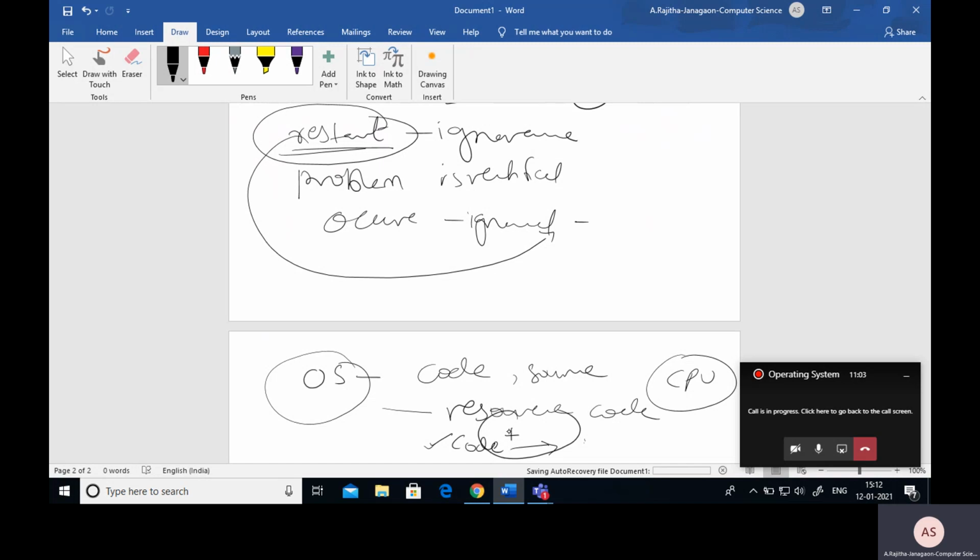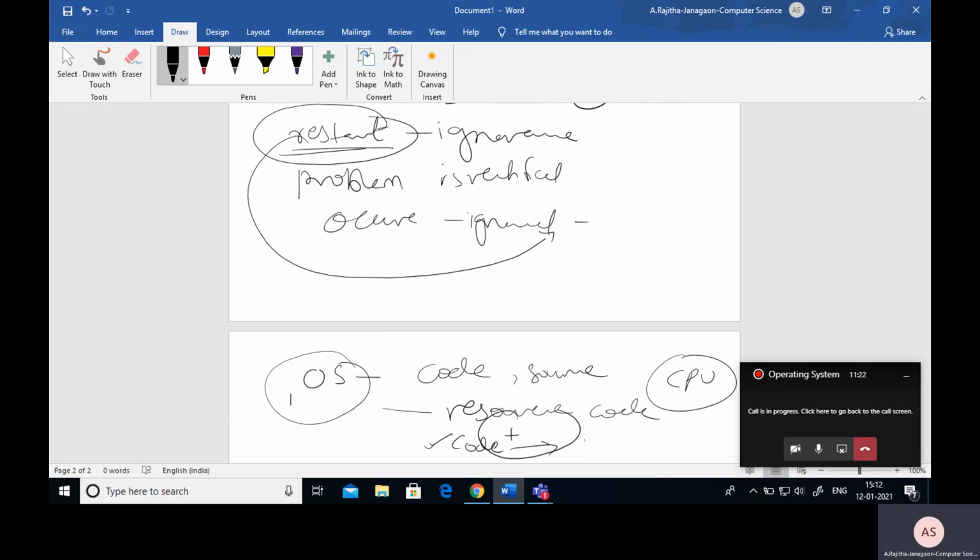Whenever we add this code, it gives some burden. If there is no deadlock, even though this code is executed, we can just remove it, simply ignore the deadlock, and restart directly.